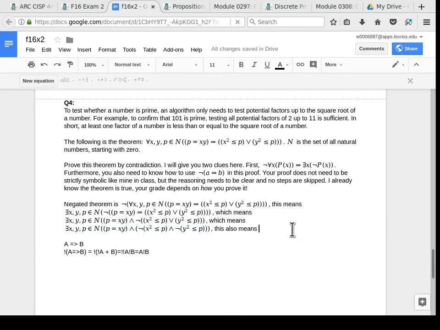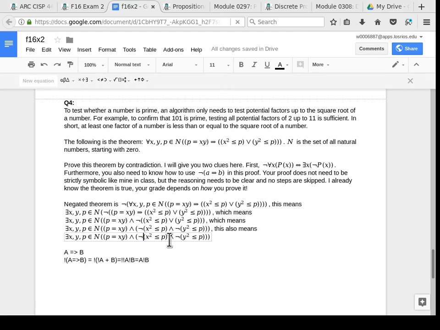Copy and paste. This negation basically lets me turn the comparison operator around: not less than or equal to is just greater than. So let's see how this reads right now.